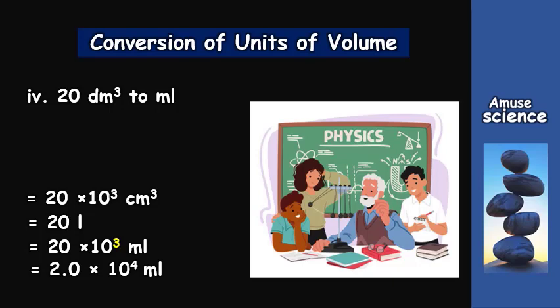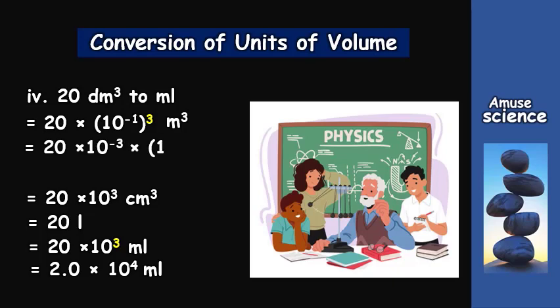By converting our answer to cubic centimeters also, we first of all have to convert it to cubic meters. We are going to get 20 times 10 exponent minus 1 exponent 3, and this is in cubic meters. Then let us introduce our centi to convert it to cubic centimeters. We are going to get 20 times 10 exponent minus 3 times 10 exponent 2 all exponent 3 in centimeter cube.